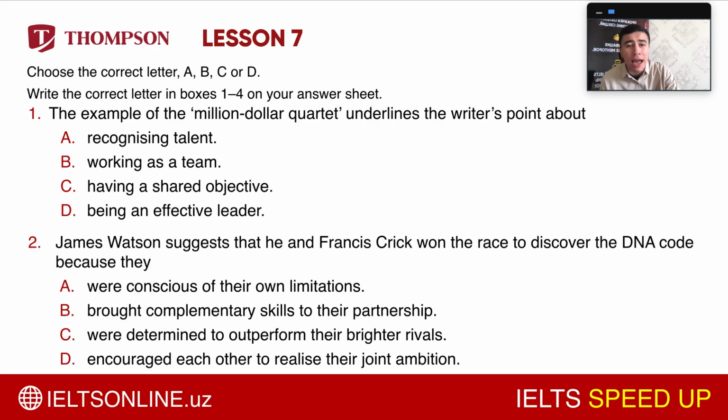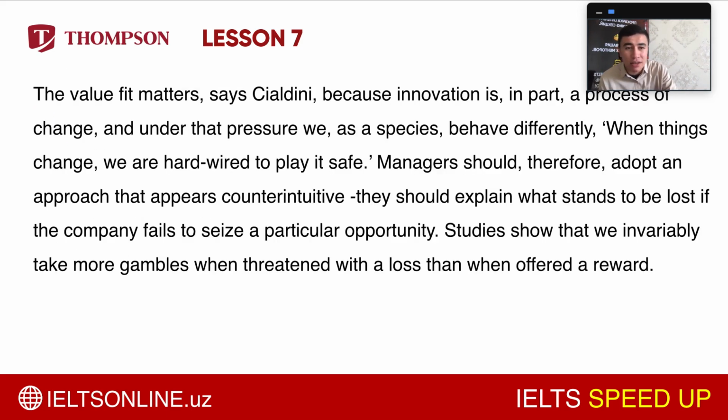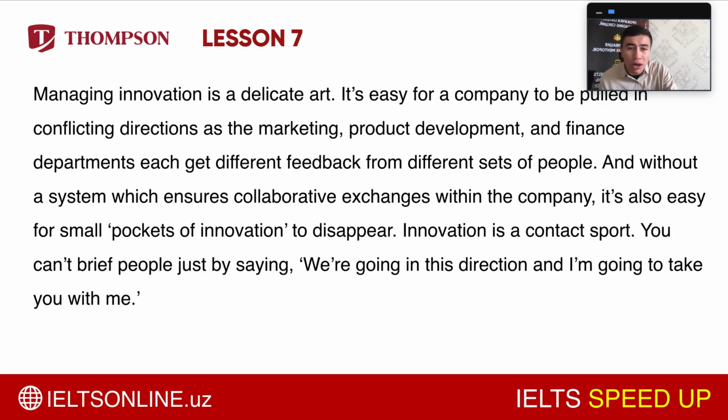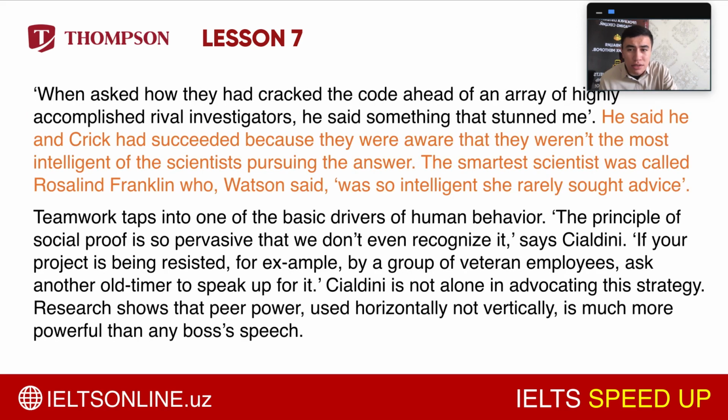Now, so we should find here, guys, keywords, and in the previous question we had $1 million quartet. It was like perfect keyword, and here we have names that can help us, and of course discovering the DNA code. But okay, James Watson and Francis Crick. So here we have something about Cialdini, but okay, still, and this is our part.